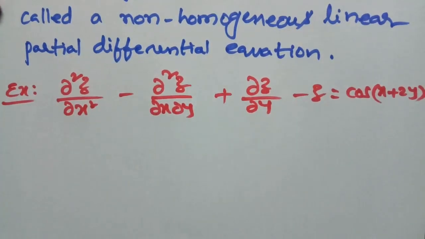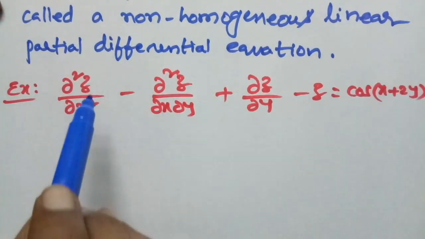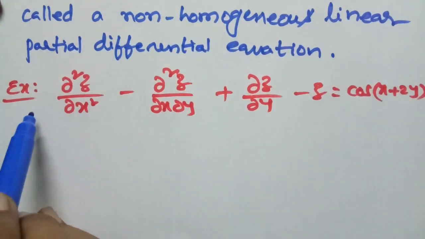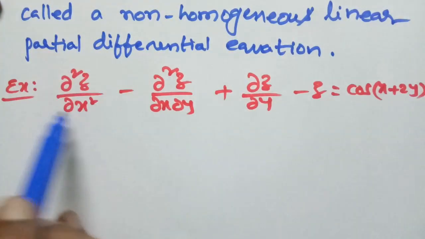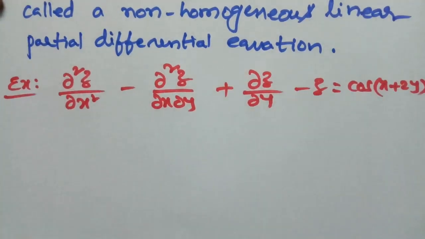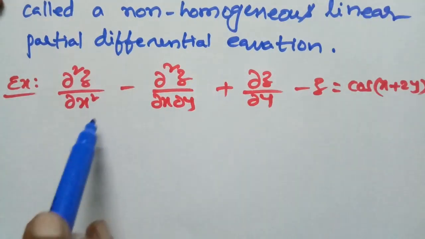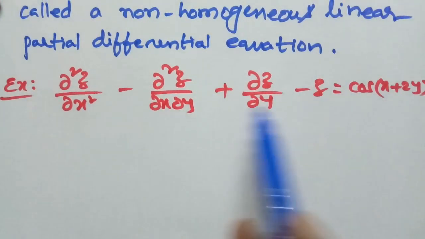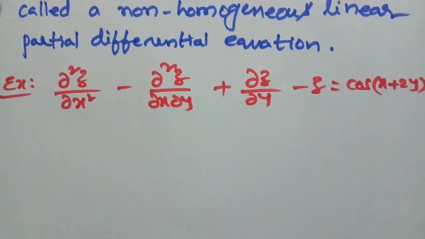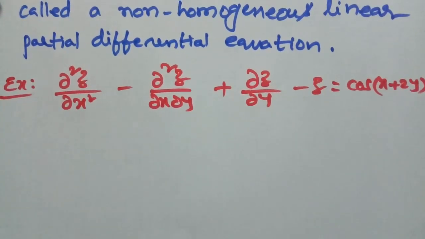In the previous classes, in the equations all the derivatives had equal order. In each term the derivative should have equal order, either third order or fourth order or second order.